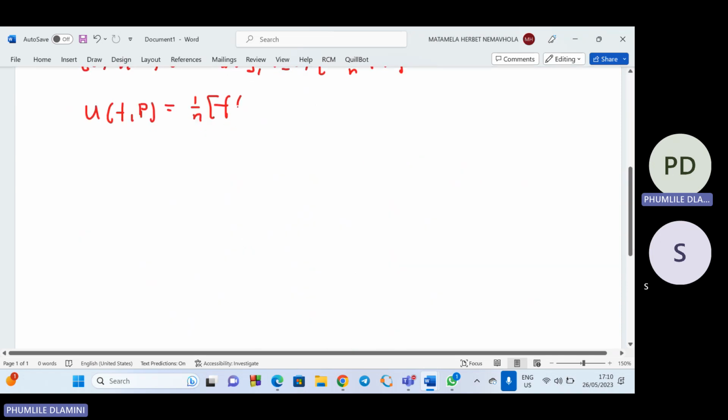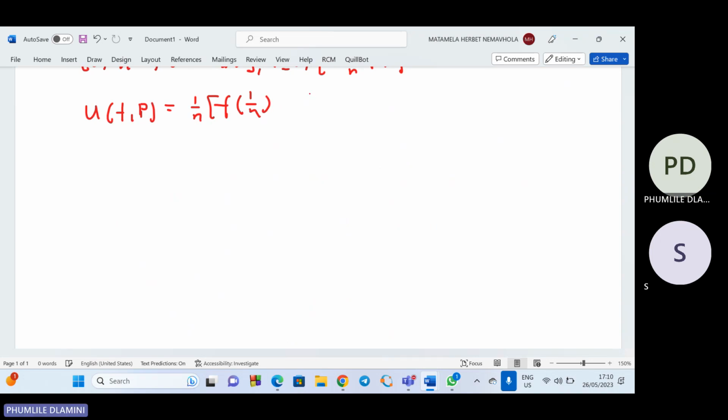So it is f of 1 over n plus f of 2 over n plus ... plus f of n minus 1 over n plus f of 1, and then we close the brackets.